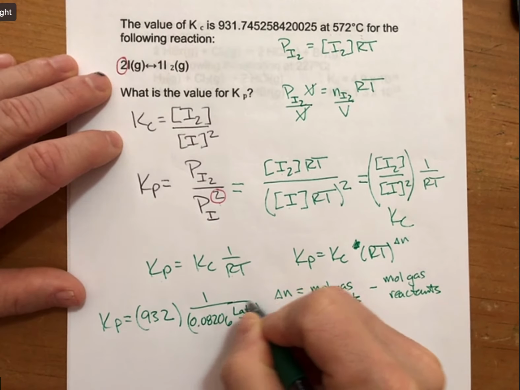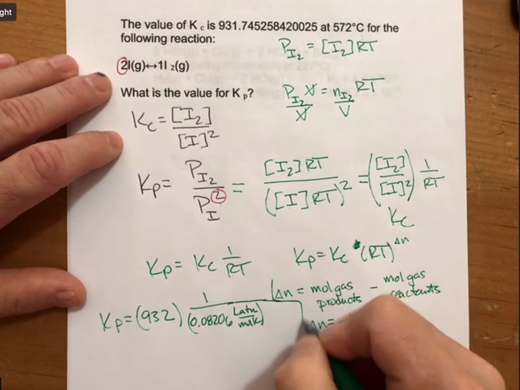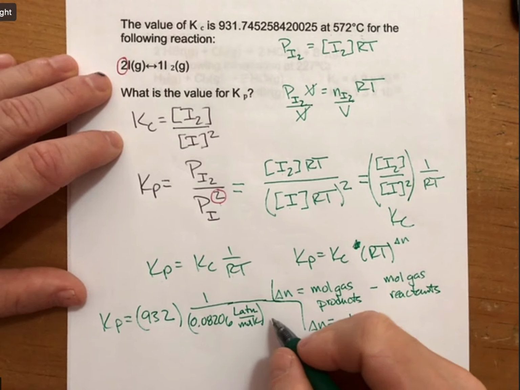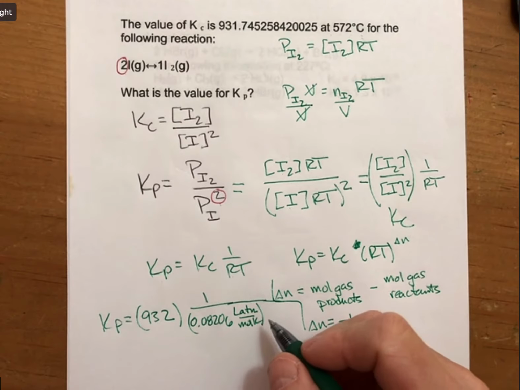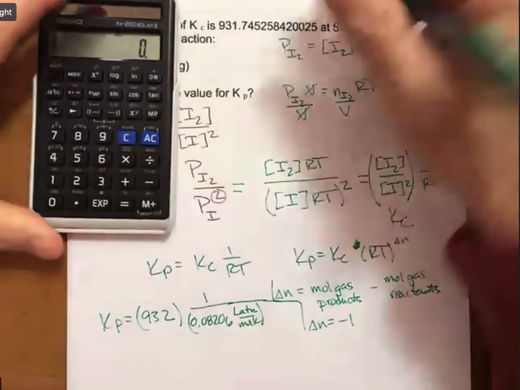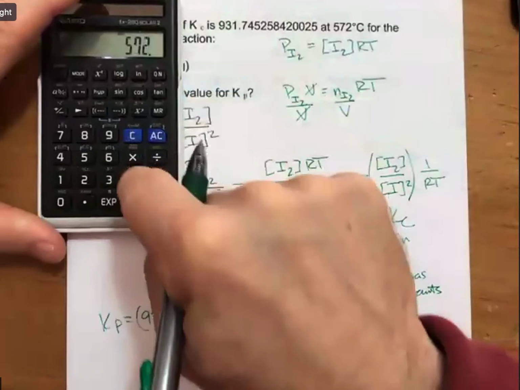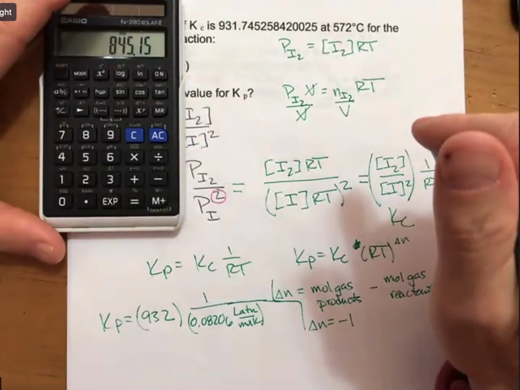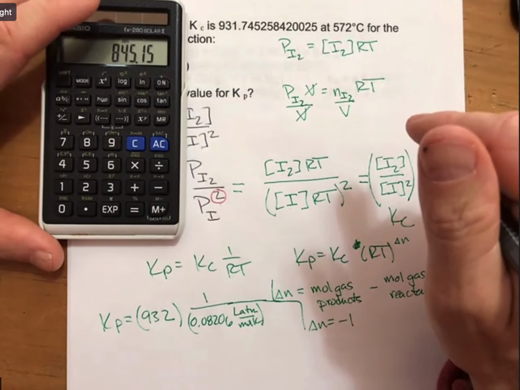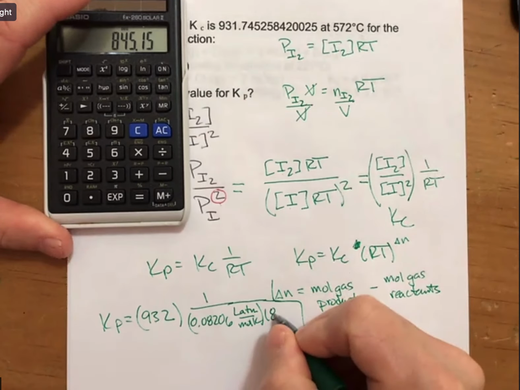I sort of ran out of space, but I'm going to try and squinch it in here. And now I have to put in my temperature, not in degrees Celsius, but in Kelvin. So 572 plus 273, or 273.15. Well, I'm going to use 845 Kelvin.